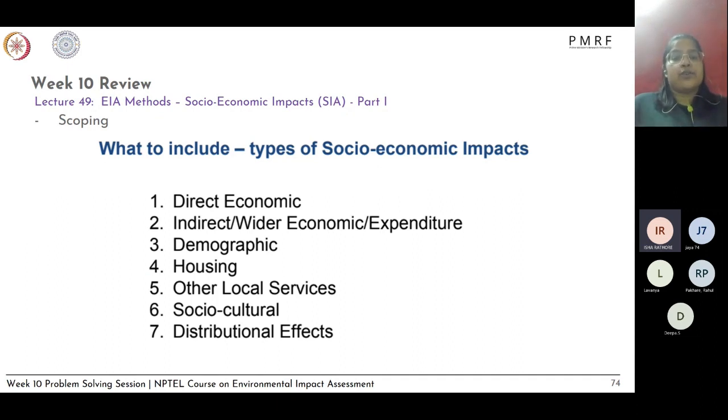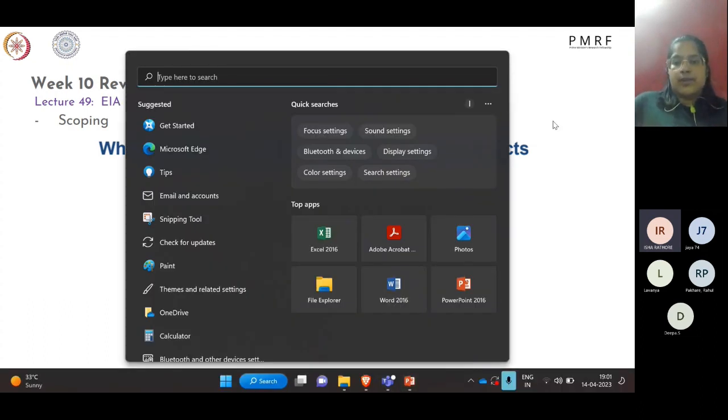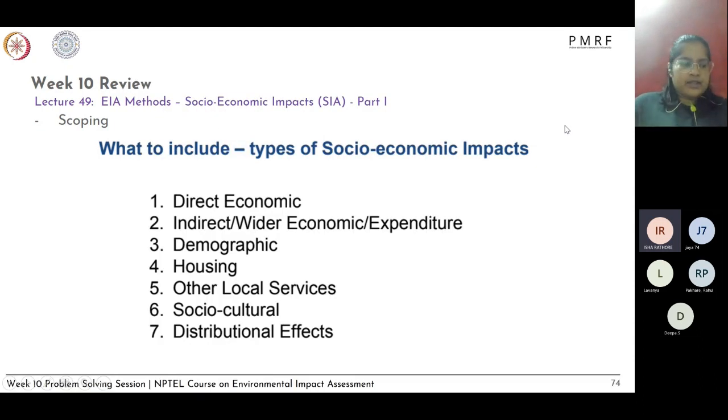If it's an indirect or wider economic or expenditure impact, a demographic impact, housing impact, whether the project is causing displacement and things like that, land use change, etc. Other local services, socio-cultural, if the impact is affecting the cultural aspect of the study area, then you also need to include that and the distributional effects as well.